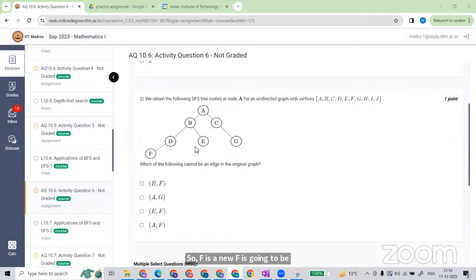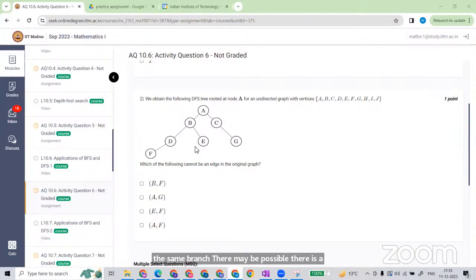So between two branches there will not be any connected edges. If there were, it would be connected in the tree. But within the same branch, there could be an edge.